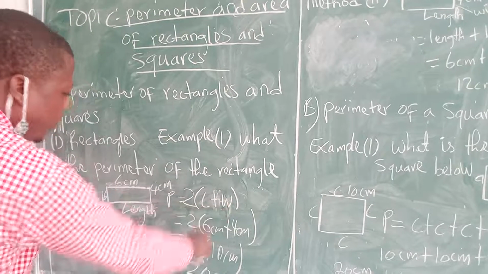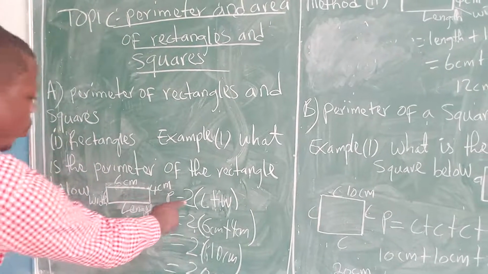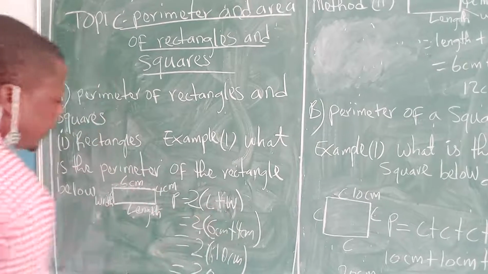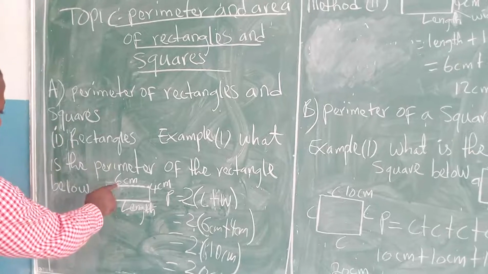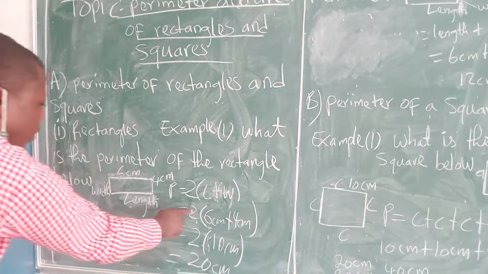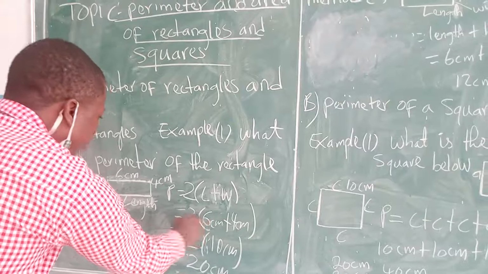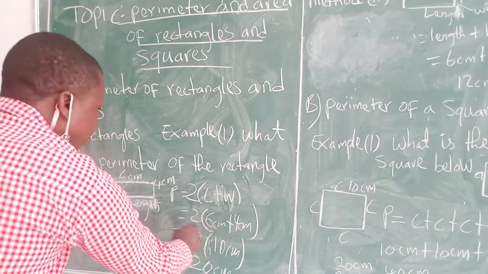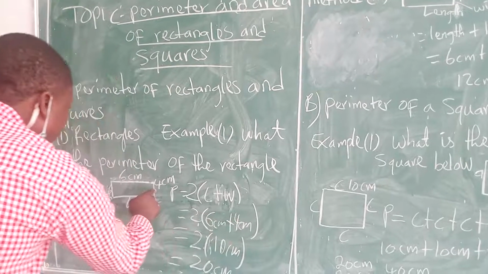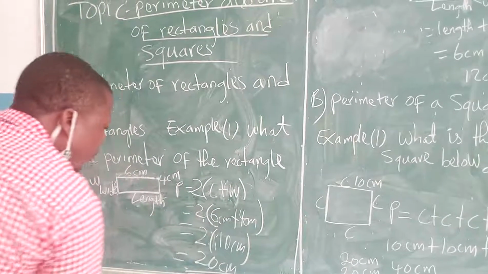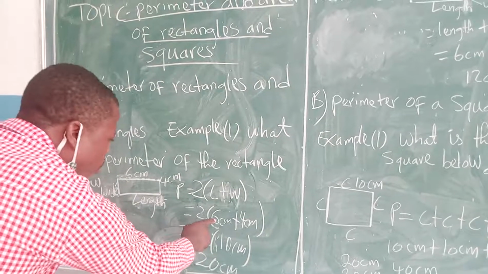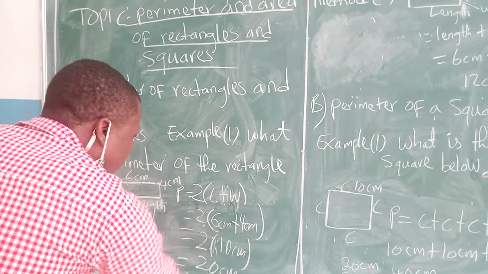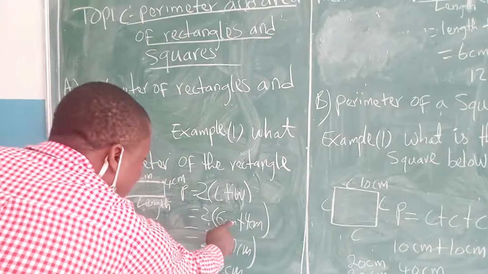Since we have 2 lengths, which is 6 centimeters, plus 2 widths, which is 4 centimeters, we are going to have 6 centimeters plus 4 centimeters, which gives us 10 centimeters. And we multiply 10 centimeters by 2. We have 20 centimeters.